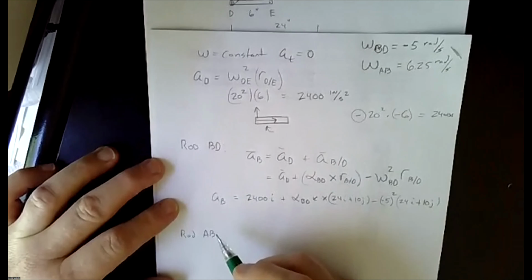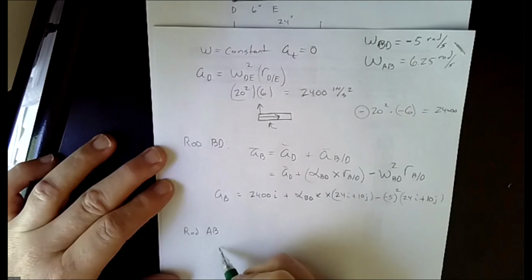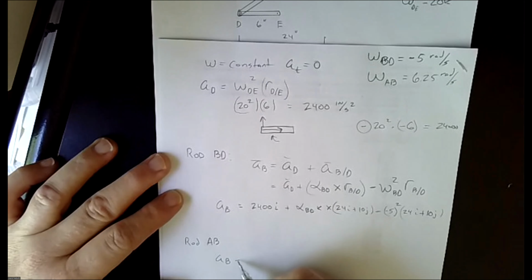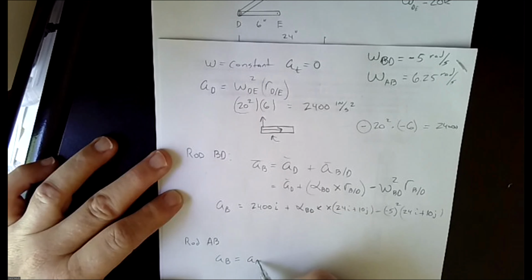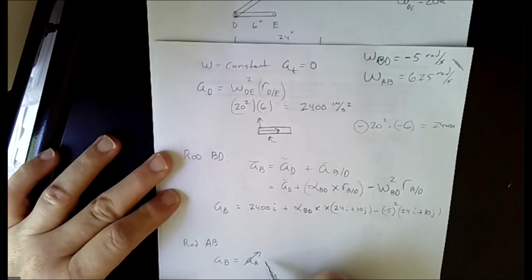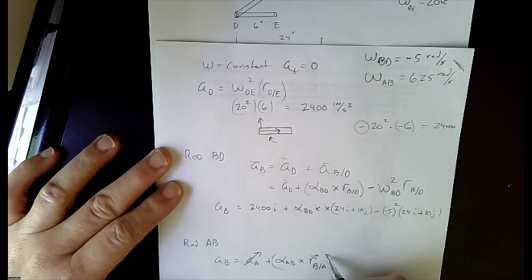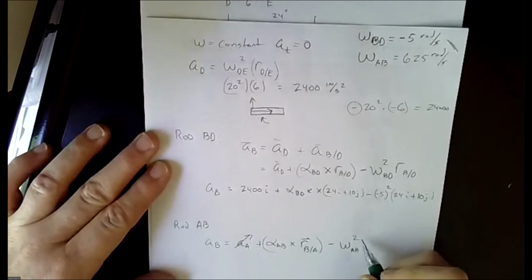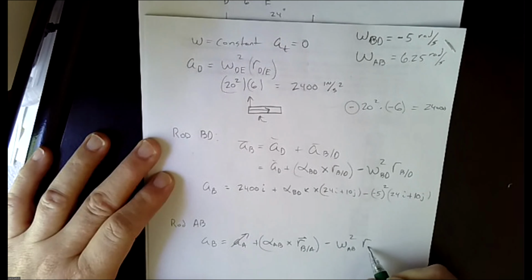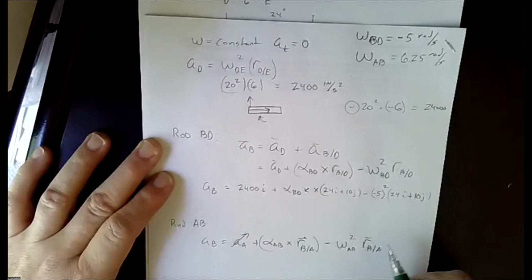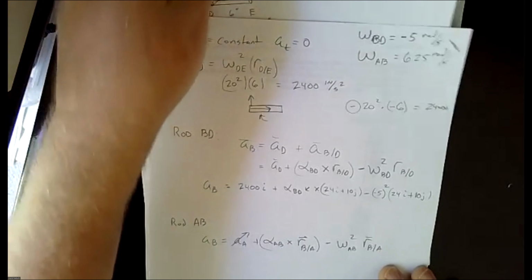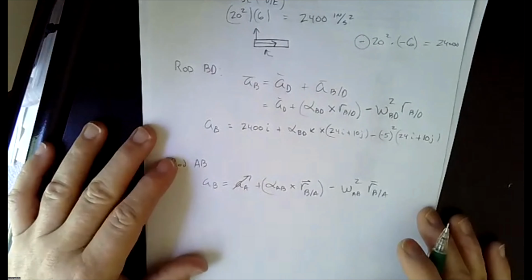So we're going to say now that the acceleration of B going from the other end equals the acceleration of A, which is 0, plus alpha AB crossed with R B relative to A, and then minus omega AB squared times R B relative to A. Just like before, we'll put in what we know.